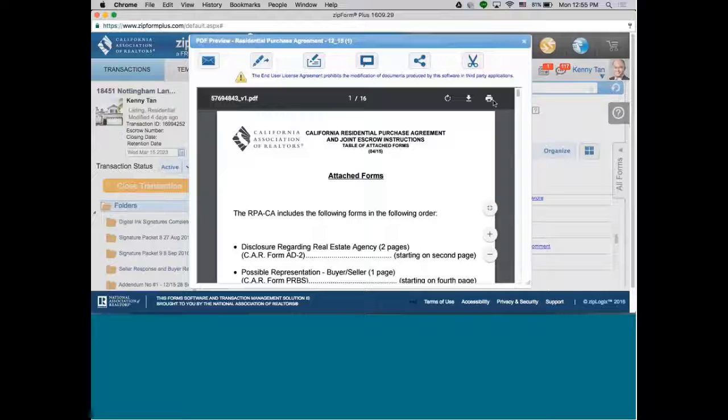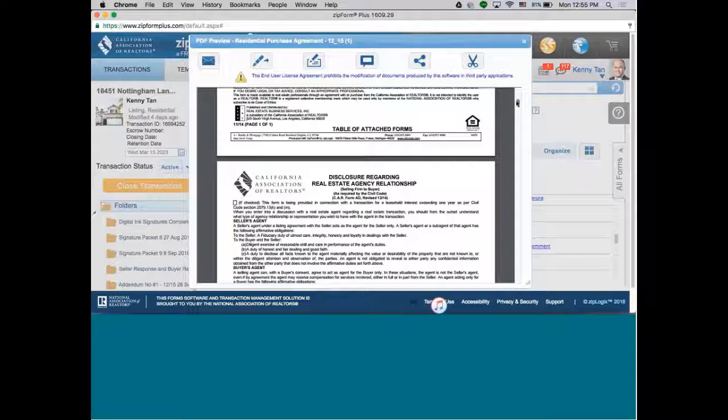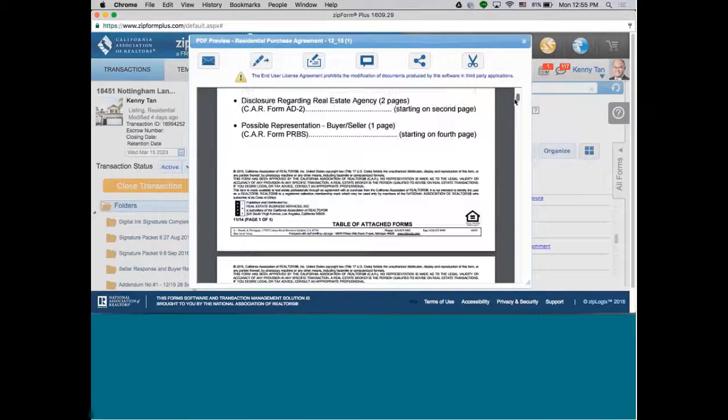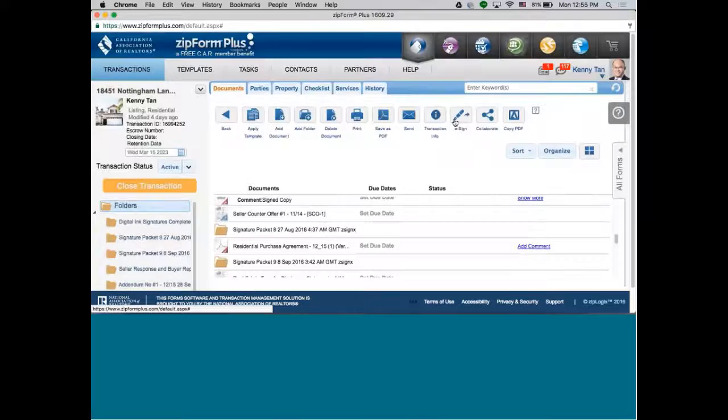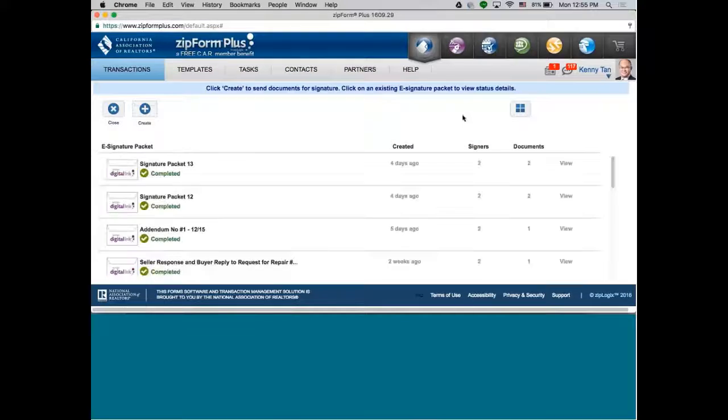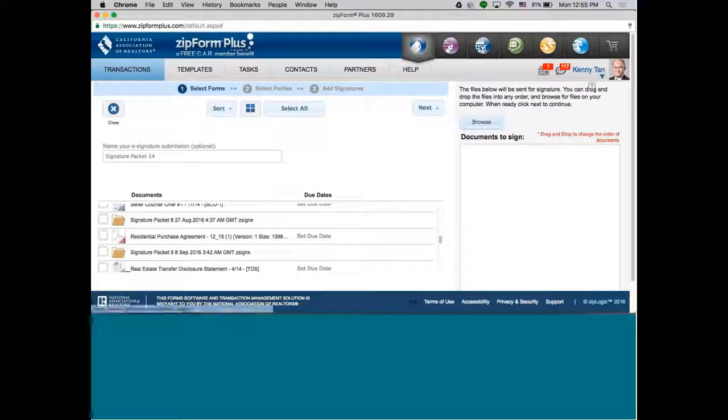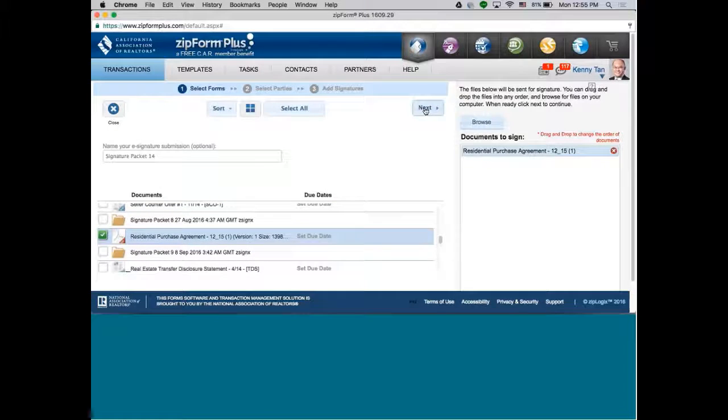And I need to go back and do my e-sign thing because this is a PDF, right? And of course, this is what I do. Say, for example, I want to e-sign now, because I need to ratify the original offer. Here, this is a document I need to have my seller ratify.